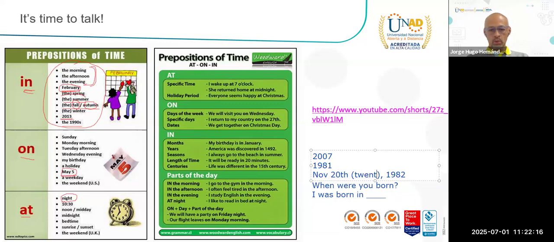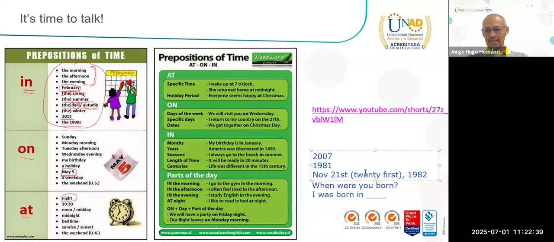For example, you don't say 21, you have to say 21st. It's not the number. No es el número 21, sino es el día 21. Different.